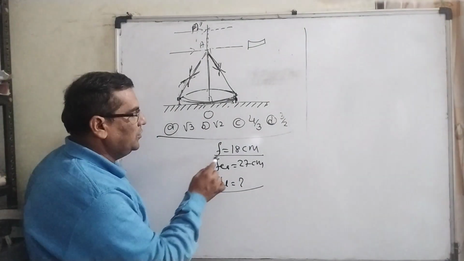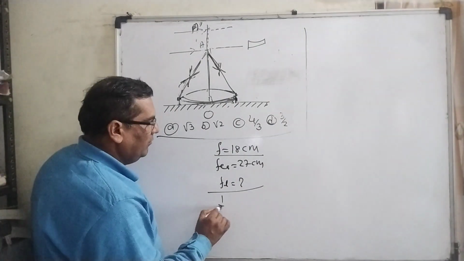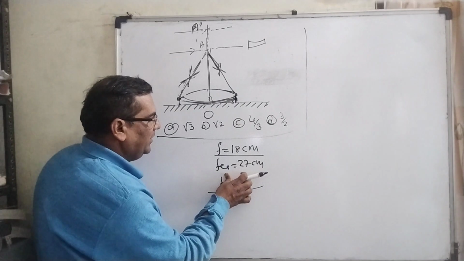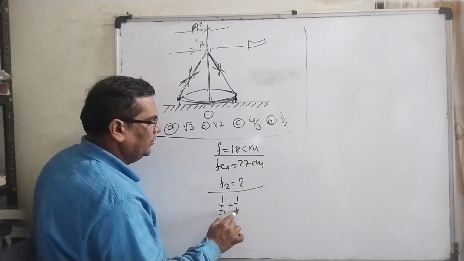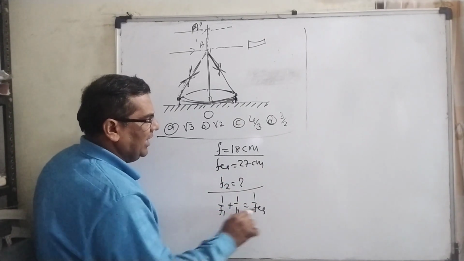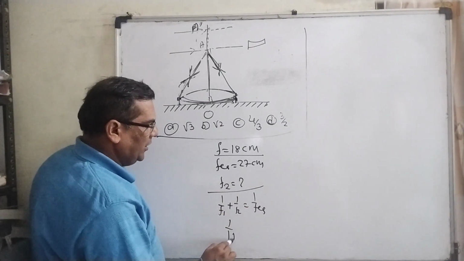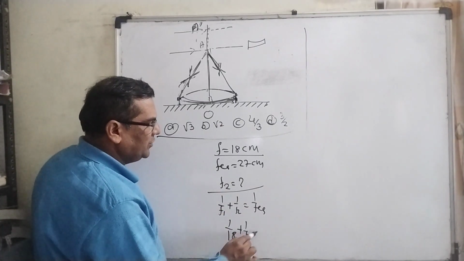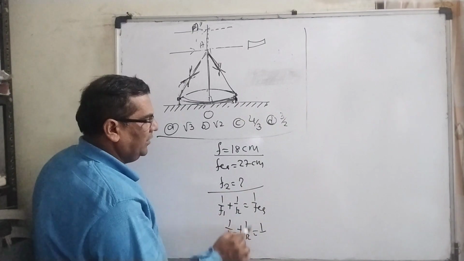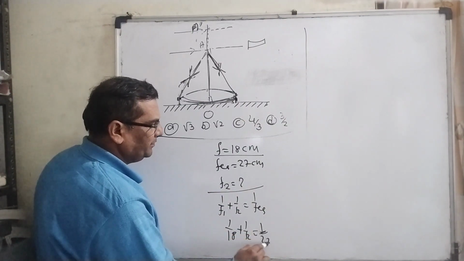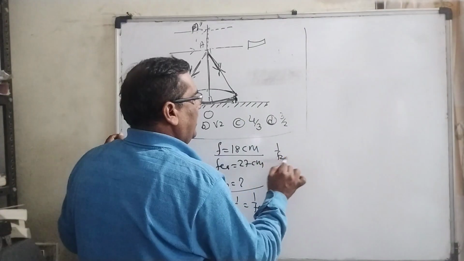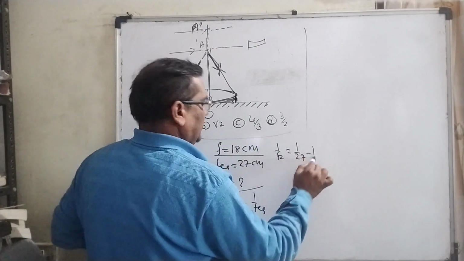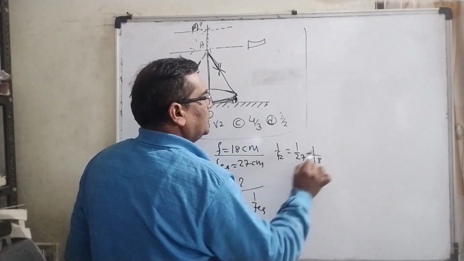We can find it out by using the combination of focal lengths: 1 by f1 plus 1 by f2 equals 1 by f equivalent. Now substituting the values: 1 by 18 plus 1 by f2 equals 1 by 27. Then 1 by f2 is 1 by 27 minus 1 by 18, transposing the number.